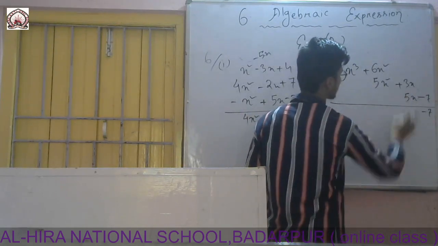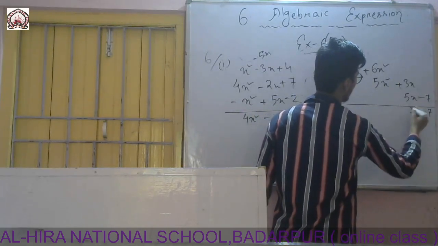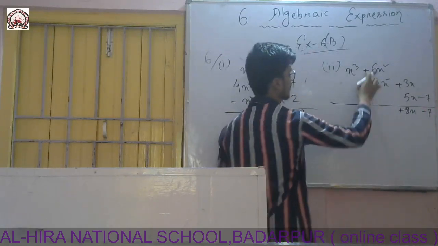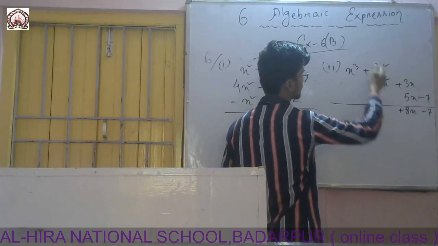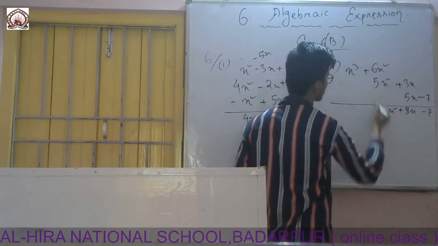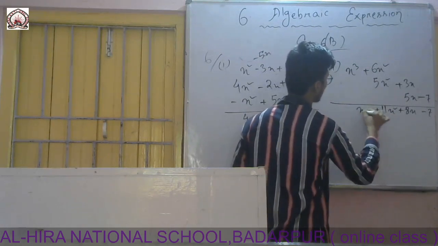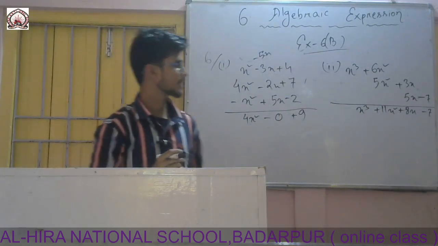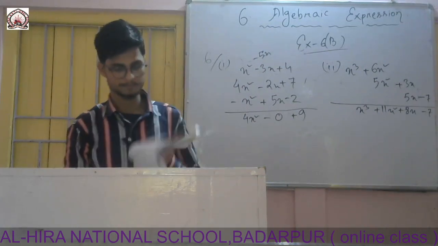Plus plus, it is plus. 5 plus 3 is 8x. 5 is greater, so plus sign. Again plus plus, it is plus. 6 plus 5 is 11, and the variable is x square. Which one is greater? 6, so plus sign. And first it is x cube. x cube plus 11x square plus 8x minus 7.